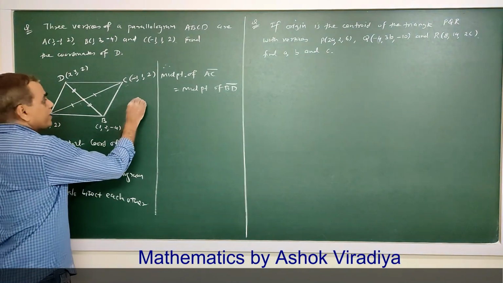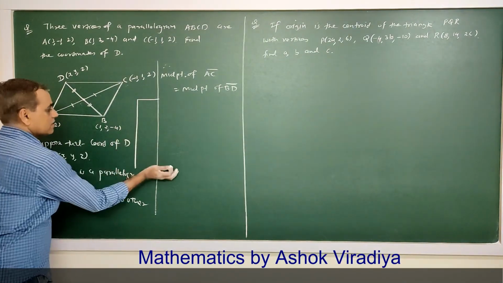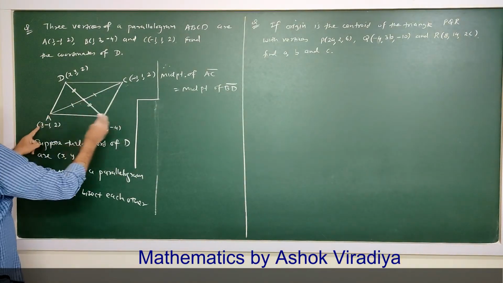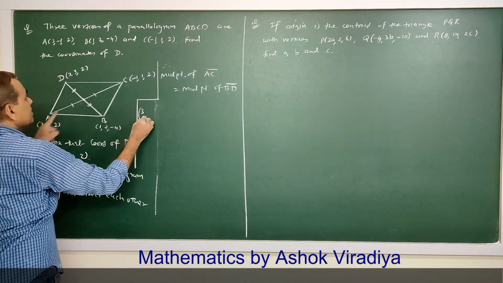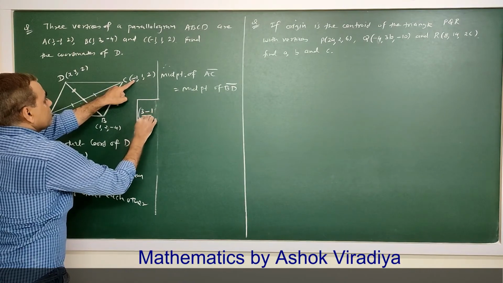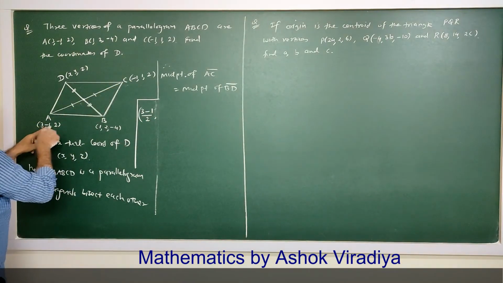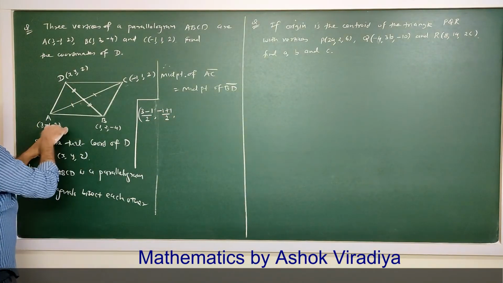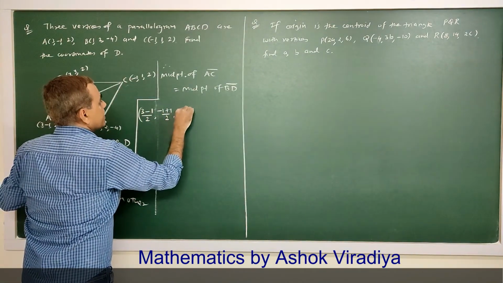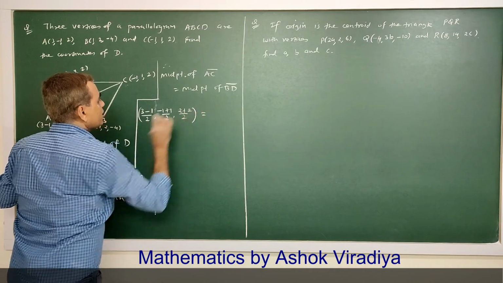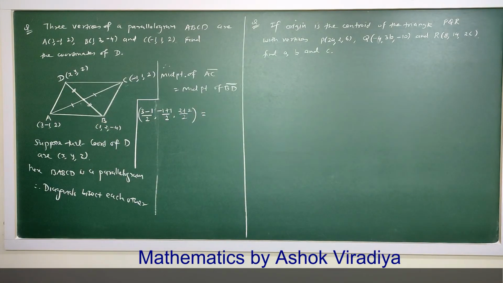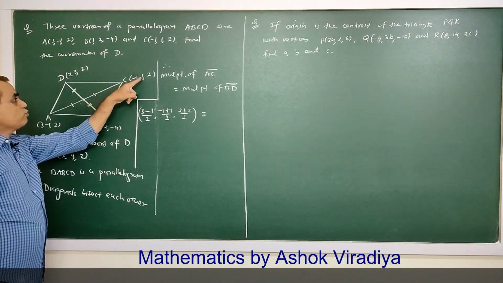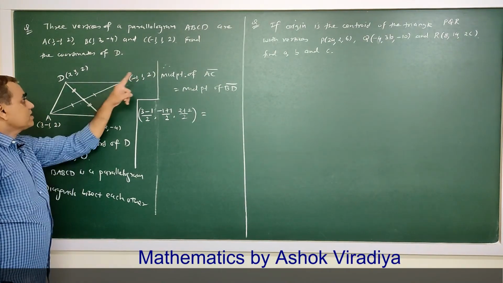Now applying midpoint formula, midpoint of AC is 3 minus 1 by 2 comma minus 1 plus 1 by 2 comma 2 plus 2 by 2, using x1 plus x2 by 2, y1 plus y2 by 2, z1 plus z2 by 2.